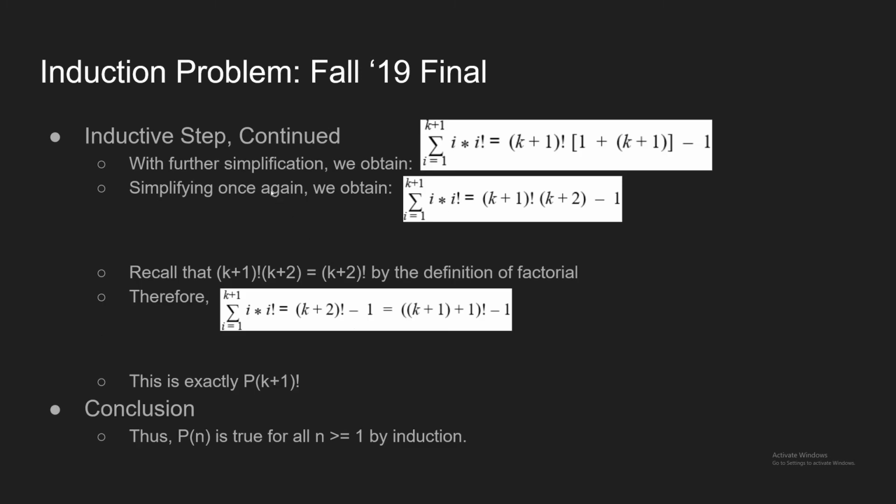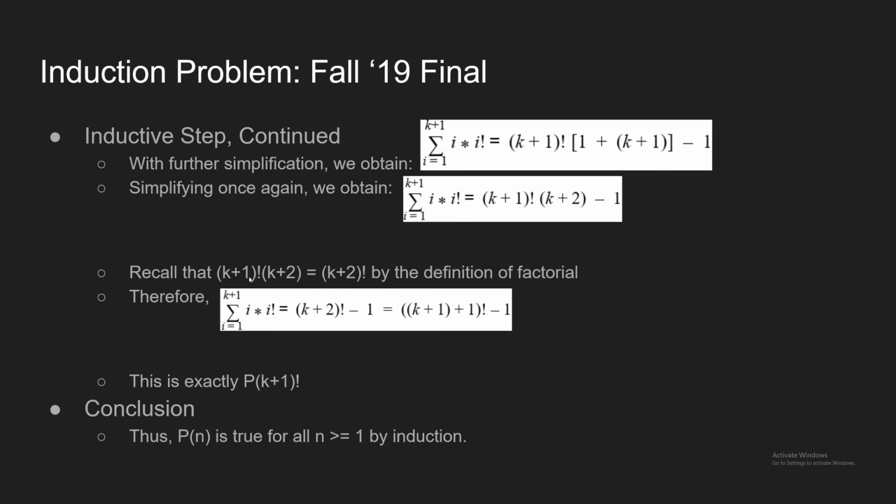Our inductive step continued. With further simplification, we can factor out and rearrange terms. We factor out a (k+1)!, and we're left with (k+1)! times (1 + k + 1), all of that minus 1. We can simplify that further to get (k+1)! times (k+2) minus 1.